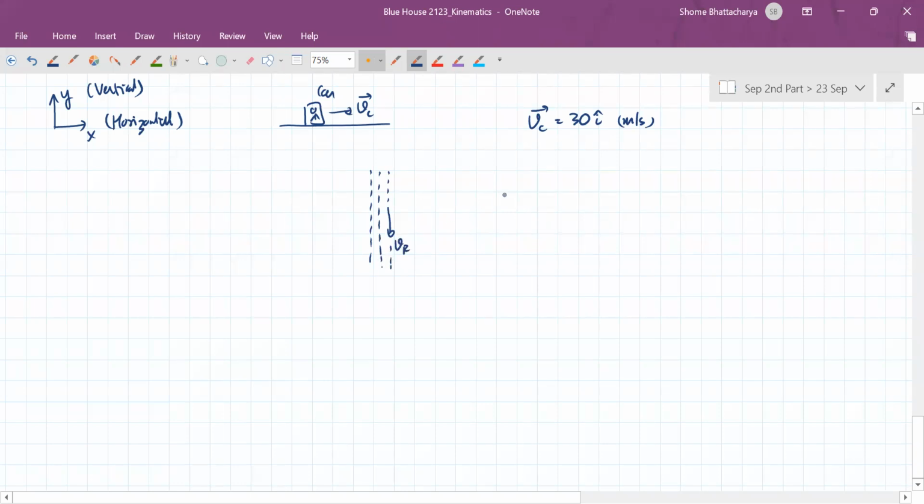Okay, and the velocity of the rain is like this. Okay, so the velocity of the rain with respect to the car, this vector you can see will become like this.